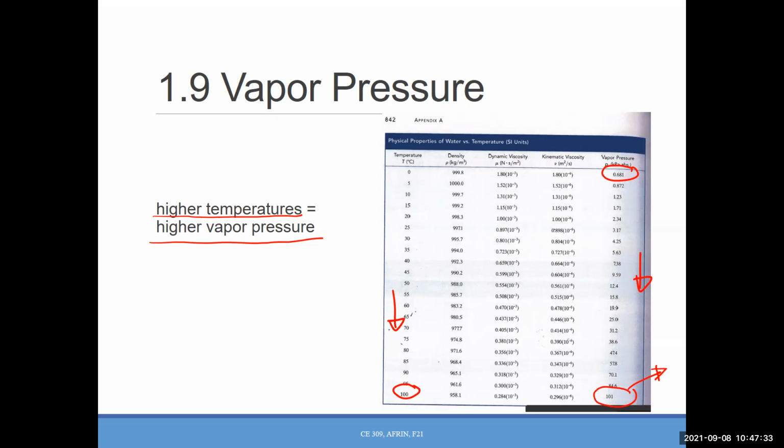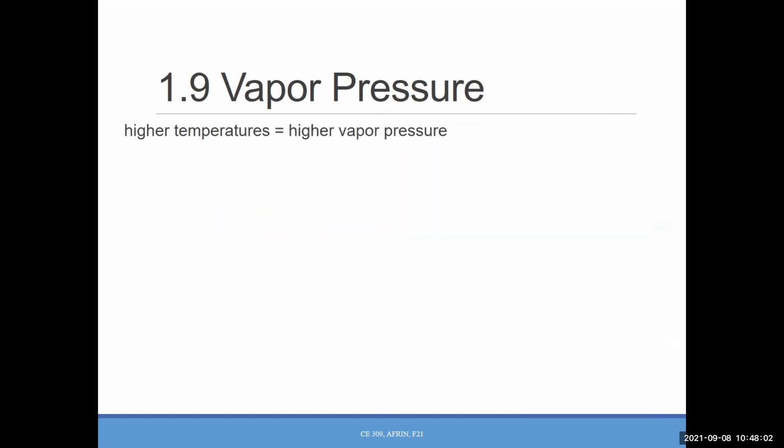Boiling. But it will not be the same in every case because for different temperatures, vapor pressure is different. It's only because at 100 degrees, the vapor pressure is 101 kilopascal that water will boil here, but not on top of a mountain or at some point inside the earth. There will be a different boiling temperature. Okay, so that's what I wanted to connect here.